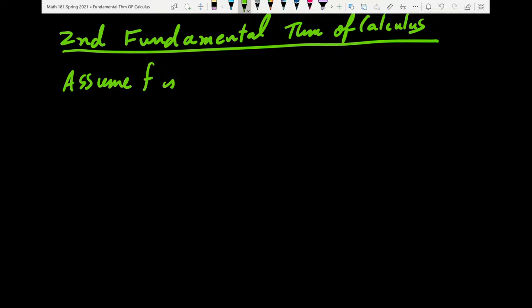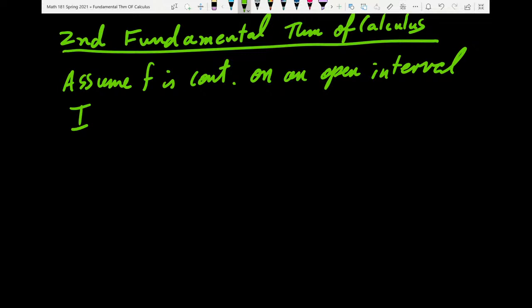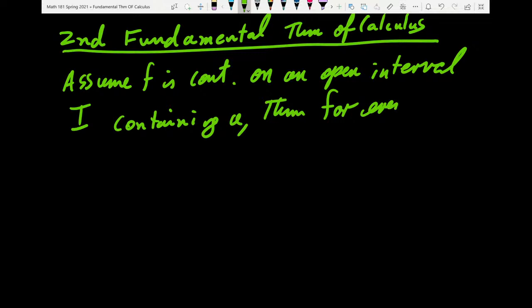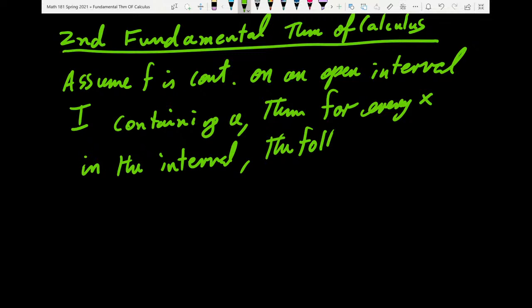Assume f is continuous on an open interval I containing a, then for every x in the interval, the following is true.